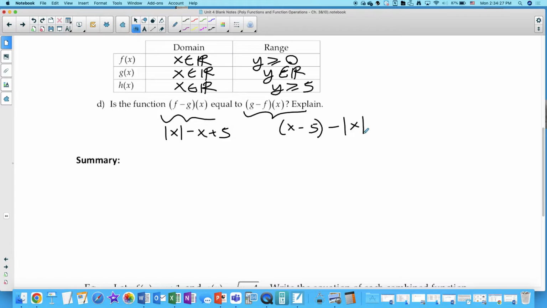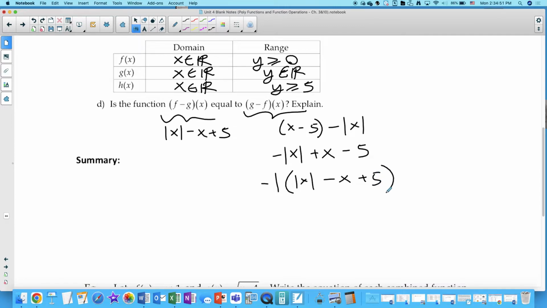Now if you rearrange the terms here, this is negative absolute value of x plus x minus 5. And if I factor a negative sign out, then it is in fact the negative of the first one that we figured out.